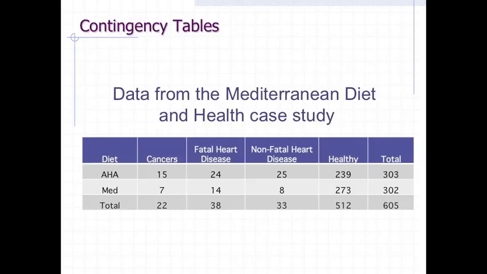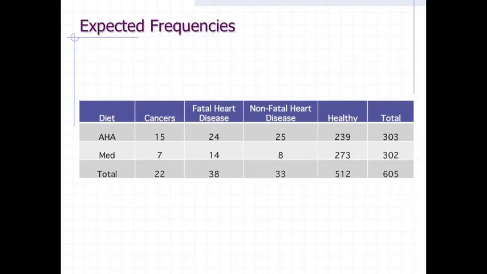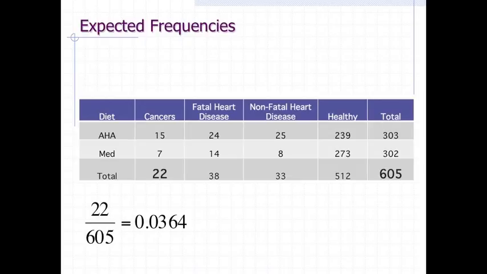The question is how to test the differences in frequencies for significance. The first step is to compute the expected frequency for each cell based on the assumption that there is no relationship between diet and health outcome. You can see that 22 of the 605 subjects developed cancer.